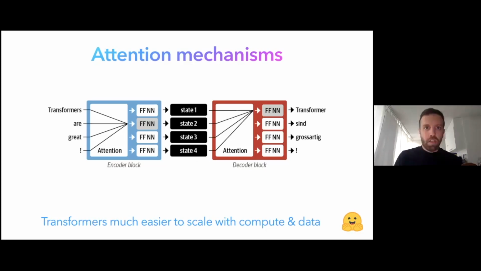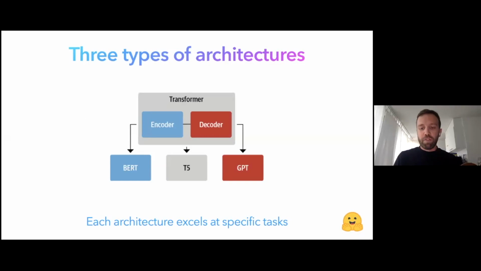Yes, so coming from that diagram, pretty quickly, there were three sub-architectures that evolved from the original transformer. That diagram we saw just now with the encoder block and the decoder block, that's usually referred to together as the transformer. There's a subfamily that was started by a model called BERT, which only uses an encoder.